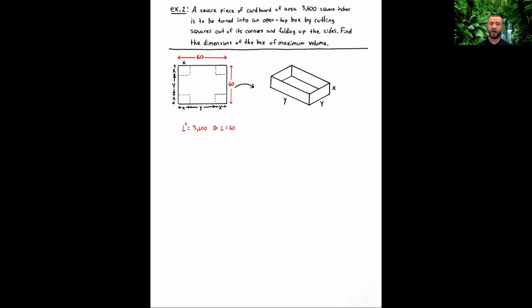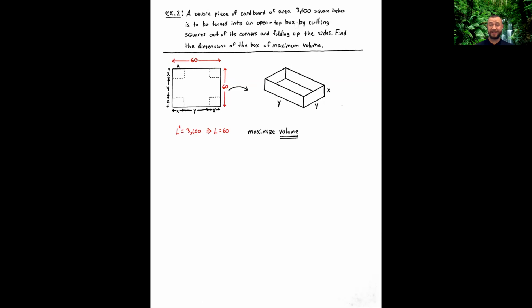Now, if you fold this up, the corner that we cut out of side length x, fold that up, we would now have a box of height x. And then the side length y forms the base length and then depth there. All right, so we have two variables. x represents the length of the square corner that we're cutting out, and that can vary. So we're denoting that by a variable.